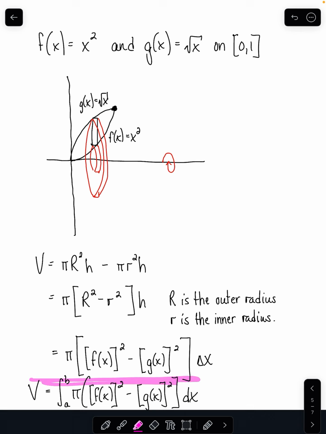This is the formula for the washer method. It is an extension of the disk method that simply allows for the subtraction of an inner function. We did not have that in the disk method because there was no inner portion removed. The inner radius was essentially 0.